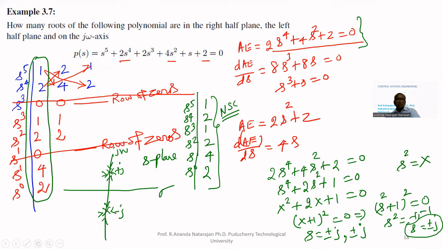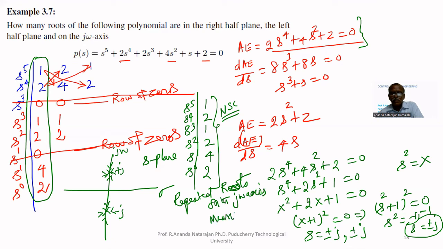Repeated roots on the j omega axis mean unstable, as we have already seen.